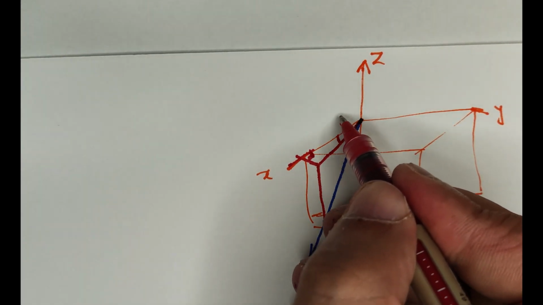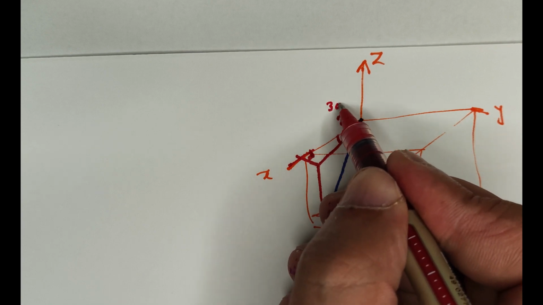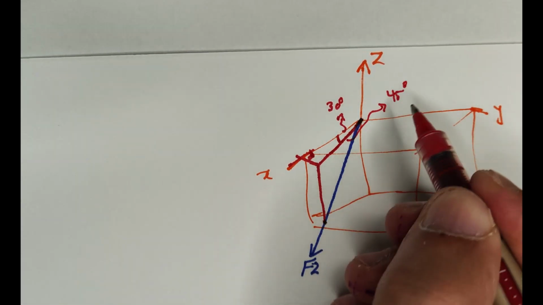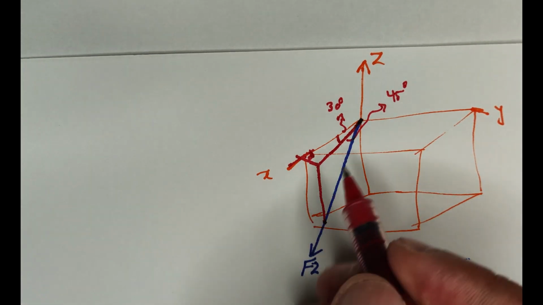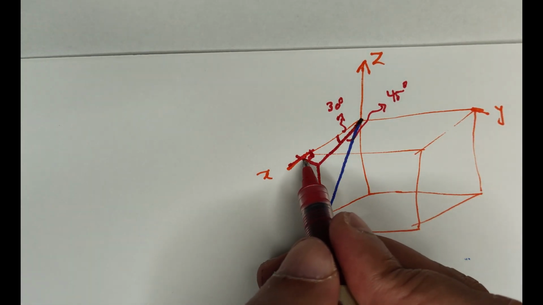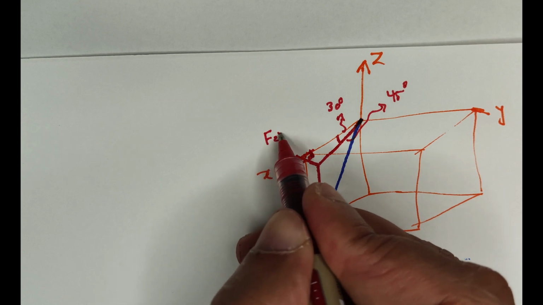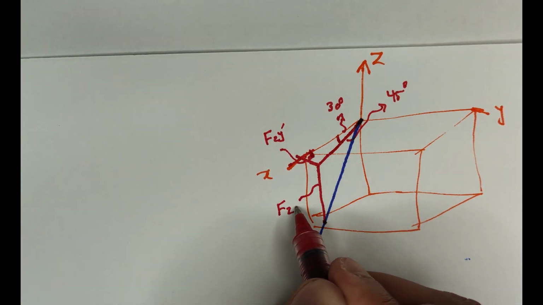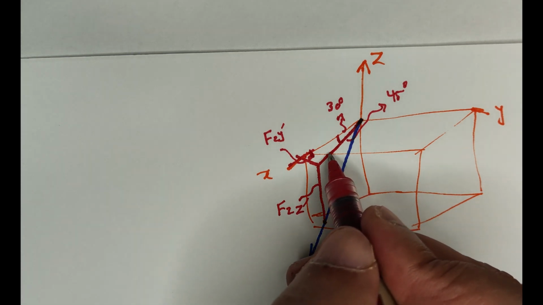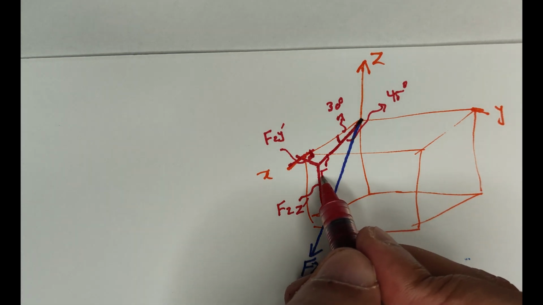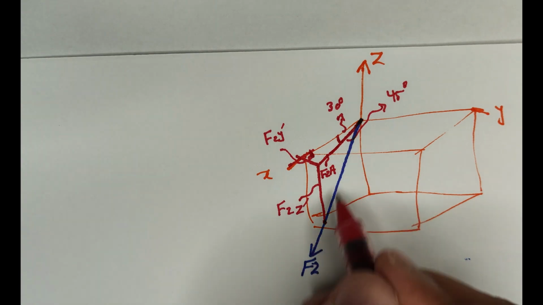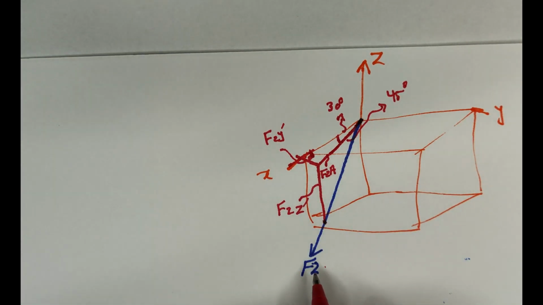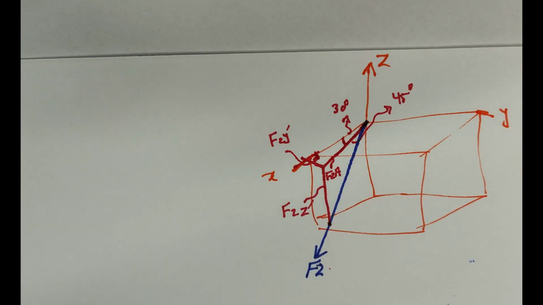So we know this one here is 30 degrees, this angle in here is 45 degrees, and we know this is 90. This one we named the F2y dash, this one here F2z dash, and finally this one here we call the F2a, and this is F2. Pretty much these are all of the information given to us in the question.